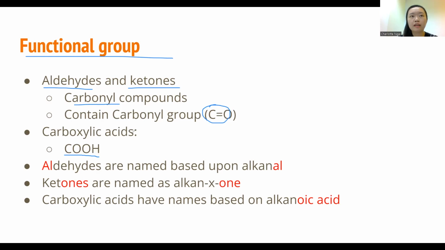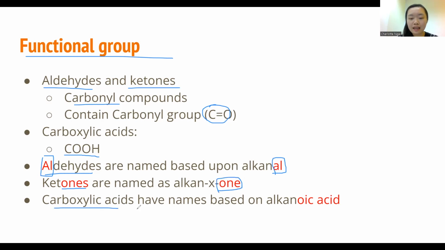We won't write ANE, ENE, or YNE anymore. We will write something special. For example, for aldehydes, you will see AL, so I will also write AL in the name. For ketones, it is ONE, so after I name the structure, I will write ONE at the end.